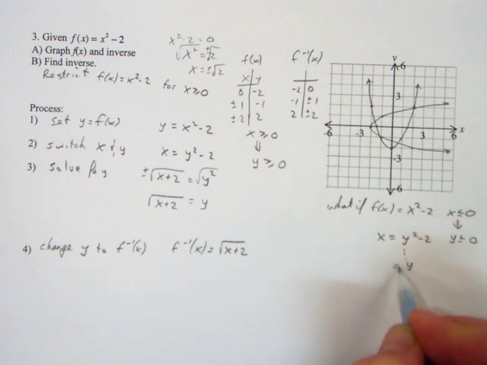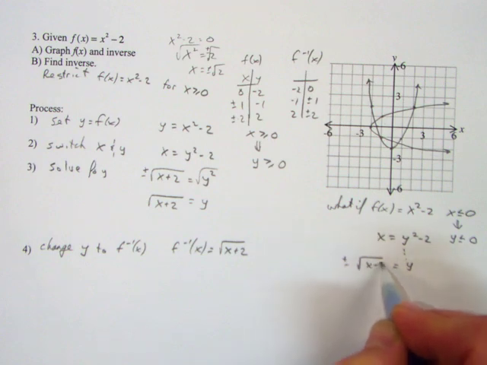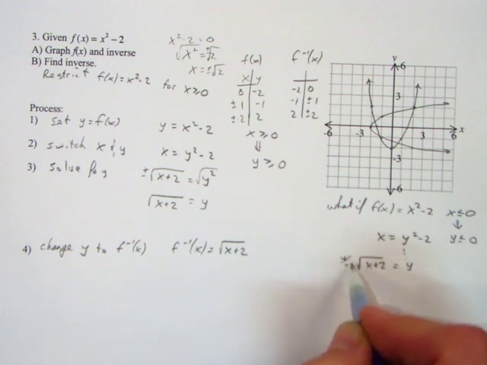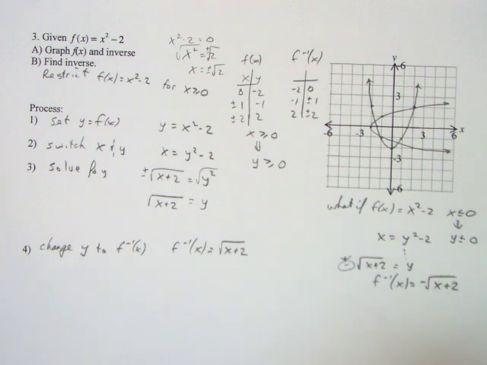And then it's the same work, but which one do I want? Do I want the positive or the negative? This time I don't want the positive, and I would want the negative. So for this example, it'd be f inverse of x equals negative square root of x plus 2.